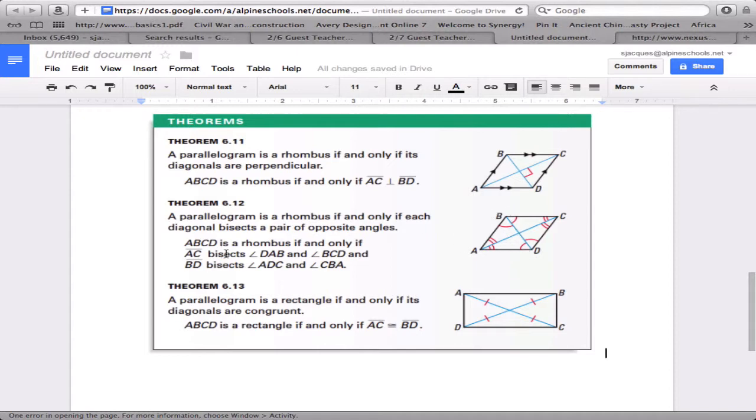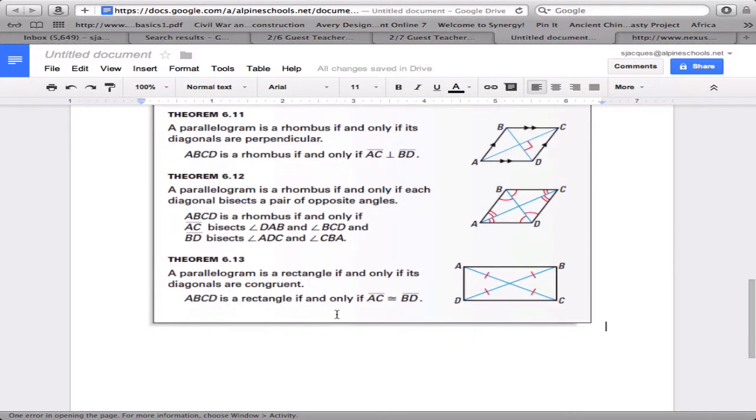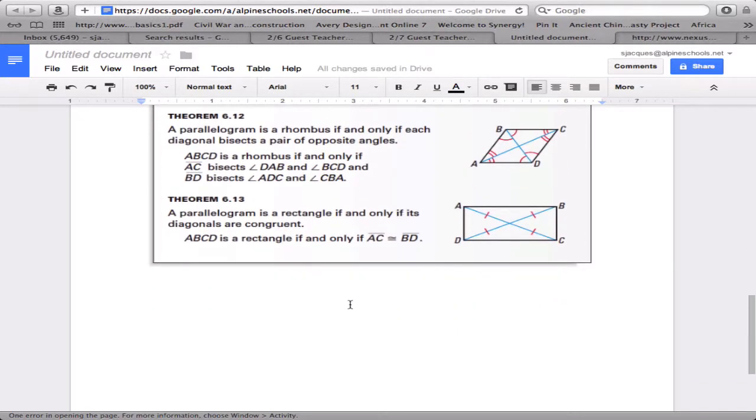So ABCD is a rhombus if and only if AC bisects DAB and BCD, and BD, right here, bisects ADC and CBA. And theorem 6.13 states a parallelogram is a rectangle if and only if its diagonals are congruent.